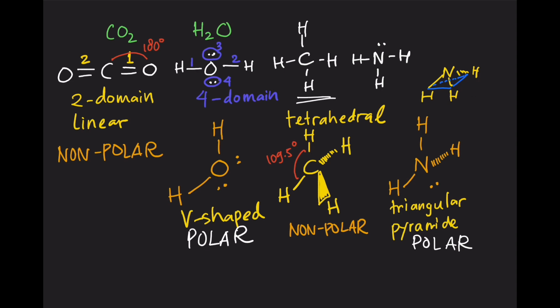However, the lone pair will cause more repulsion. For instance, in the case of ammonia, this angle will be even smaller, around 107 degrees. And for water, because it has even more lone pairs, the angle will become even lower, to around 104.5 degrees. In general, the lone pair repulses the most.